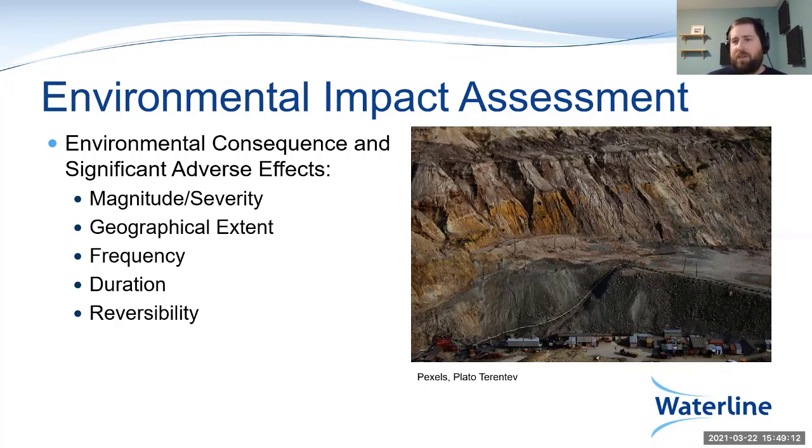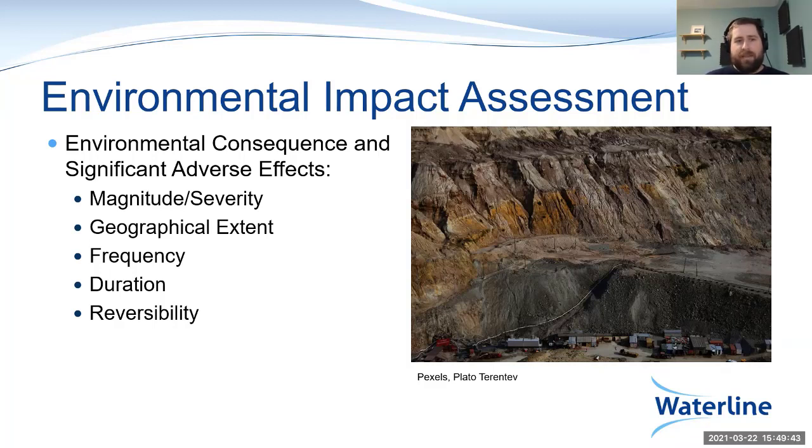If pH changes by 1 pH unit relative to baseline, that might be a low magnitude. 2 units, a moderate magnitude. 3 units, a severe or high magnitude. And then for each of your parameters, you'd have to come up with some system for how to determine magnitude.